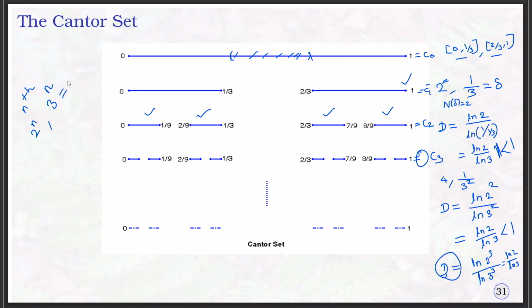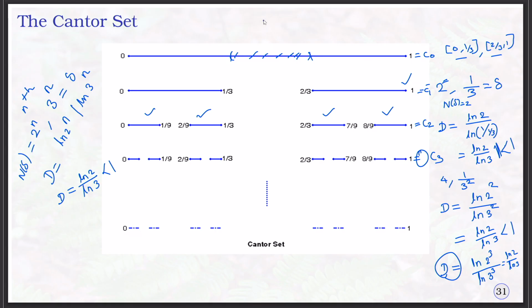That means if we fix delta as (1/3) power n, the number of boxes required to cover the object is 2 power n. Finding the box counting dimension, ln of 2 power n over ln of 3 power n, finally gives d equal to ln 2 by ln 3, which is less than 1.